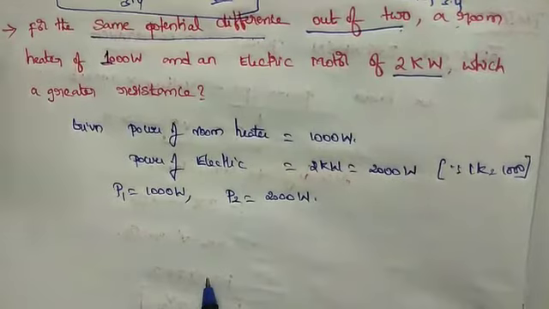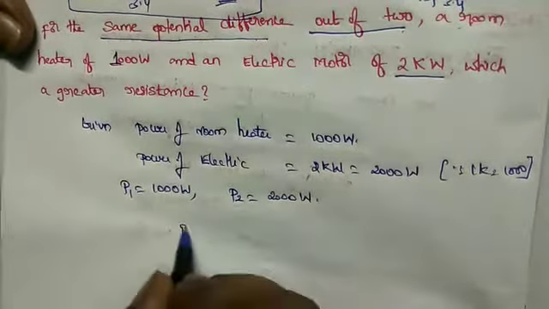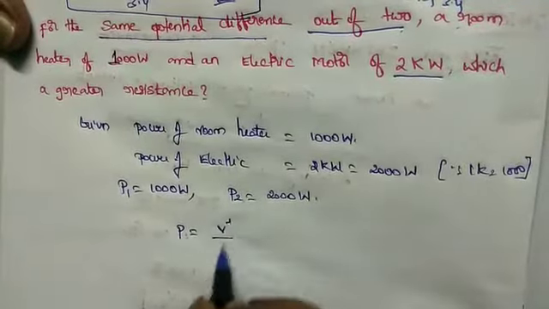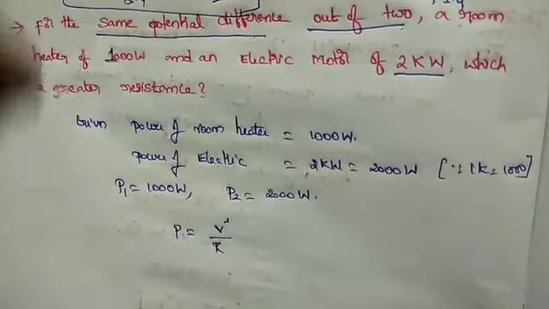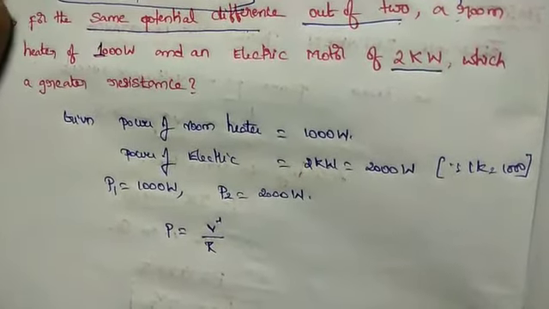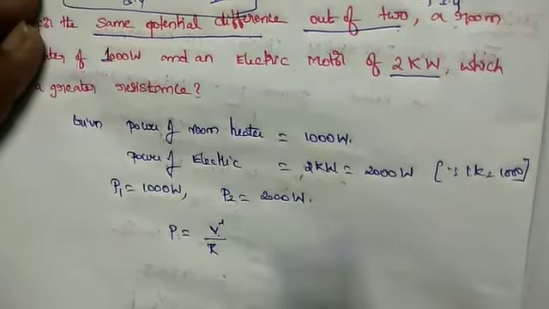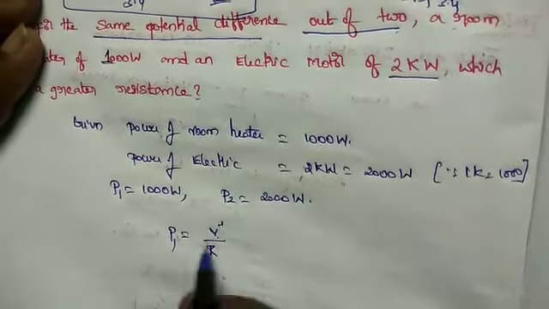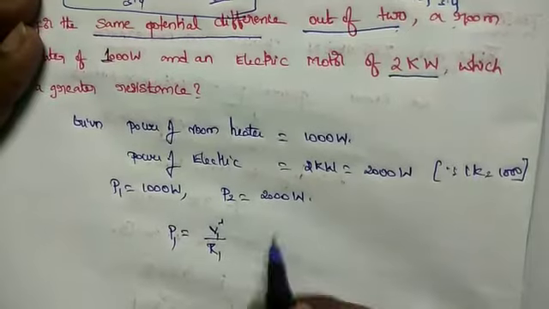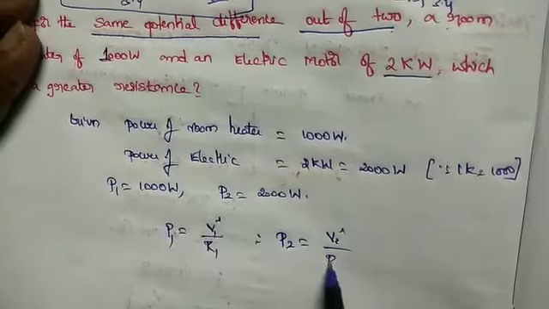We know the formula P is equal to V square by R. Since the voltage is the same, suppose P1 is equal to V1 square by R1 and P2 is equal to V2 square by R2.